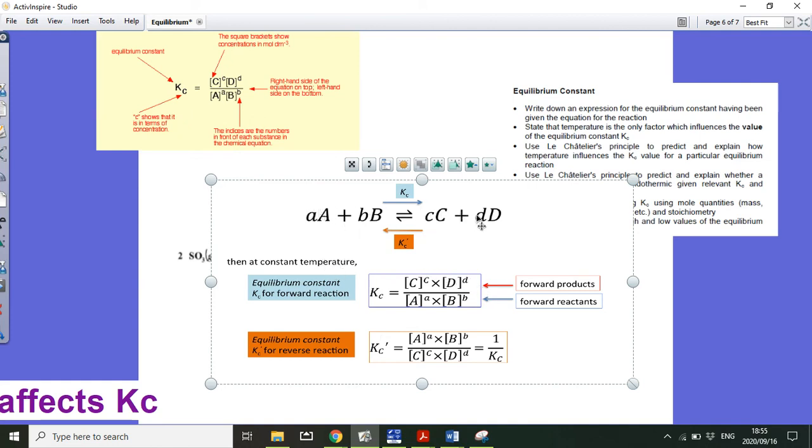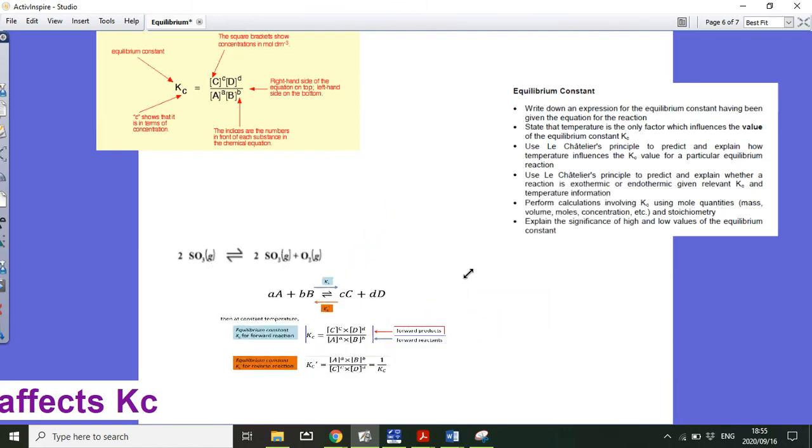The way the question is written, that is your forward reaction, and they normally ask you for that equilibrium constant. But if the question says specifically the equilibrium constant for the reverse reaction, then you would start by writing these first, and these will be your products, so they will be on top of the line, and these will be your reactants, so they will be at the bottom of the line. Just read your question nicely.